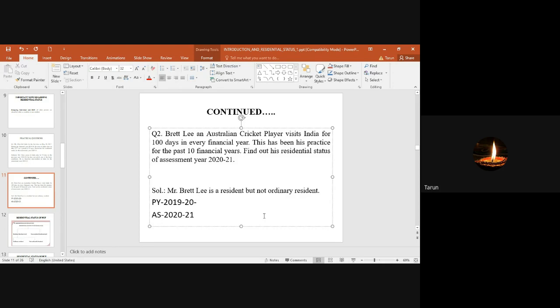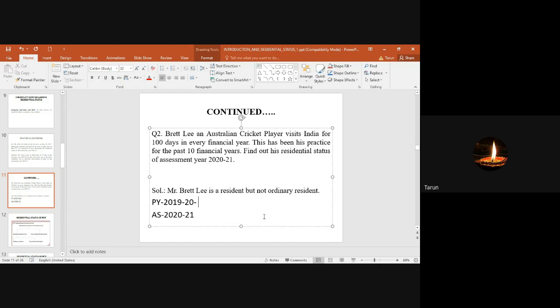Brett Lee has already spent 100 days, so the 60 days condition is already satisfied. Now we have to satisfy more than 365 days during the 4 preceding financial years.